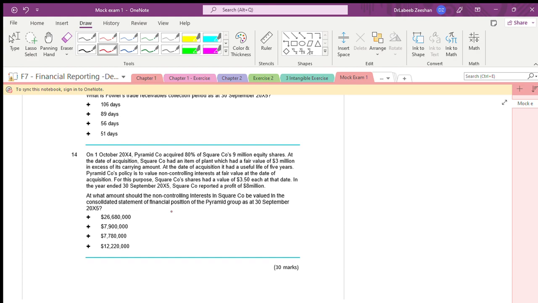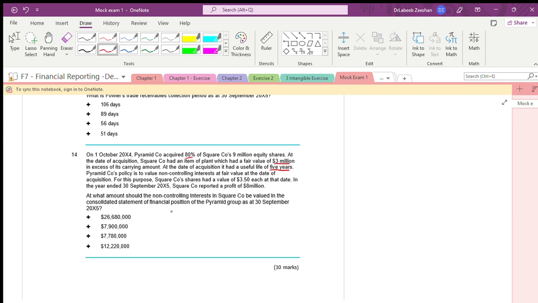That's why we are finding it difficult how to present it. On October 1st, 2004, Pyramid acquired 80% of 9 million equity shares of Square. At the date of acquisition, the plant has a fair value of 3 million in excess of its carrying amount, and a useful life of 5 years.